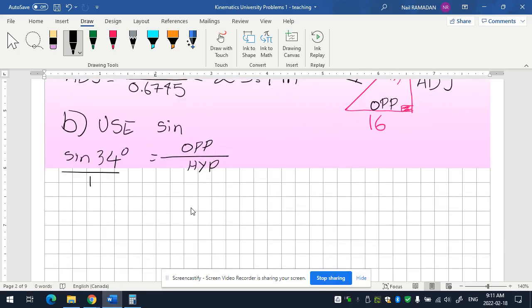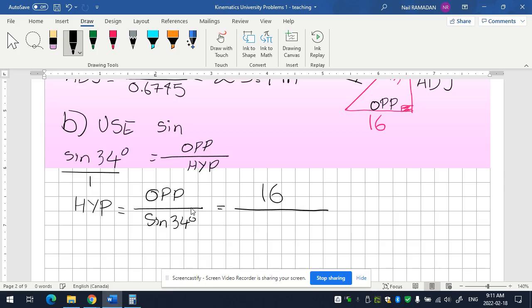So hypotenuse is equal to 1 times opposite, divided by sine of 34. In case you ever see Mr. Ramadan do it, he does it in symbols first before he plugs numbers in.